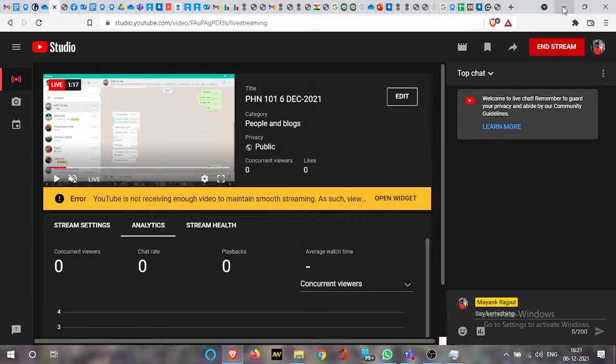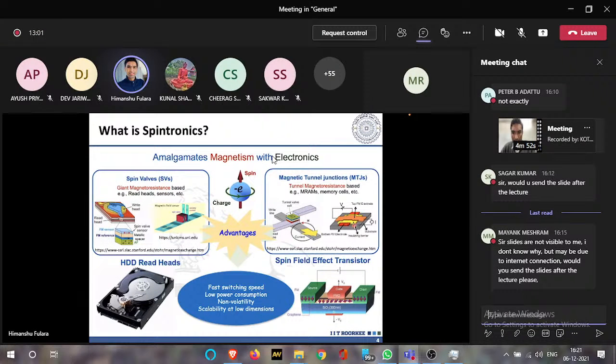But if this spacer layer is insulating, for example, here you see this yellow one, this is insulating, then this structure is called a magnetic tunnel junction. And I will tell you why they are called like this in the later part of my talk. And then these are the read heads which use this concept of giant magnetoresistance.